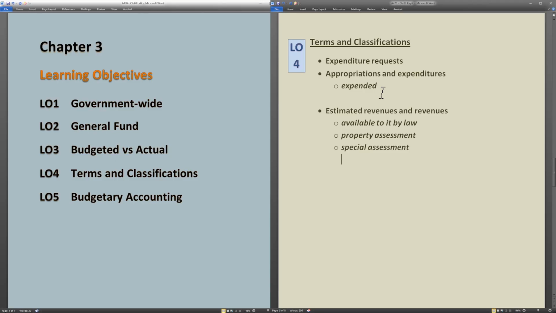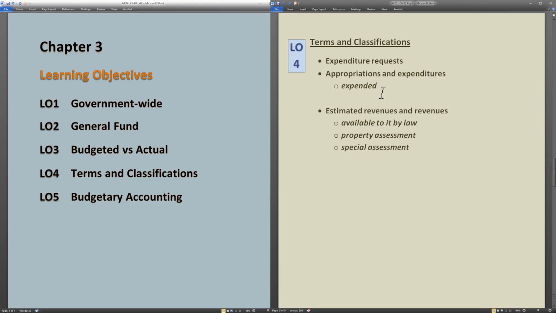And if you remember, that's one of the things I said GAAP accounting does not do well: it does not earmark funds for a specific purpose. But in governmental accounting, that's exactly what they do. Appropriations are basically setting aside this amount of resources and saying these resources are for this specific reason. And in fact, we're going to track our use of it as we go along.